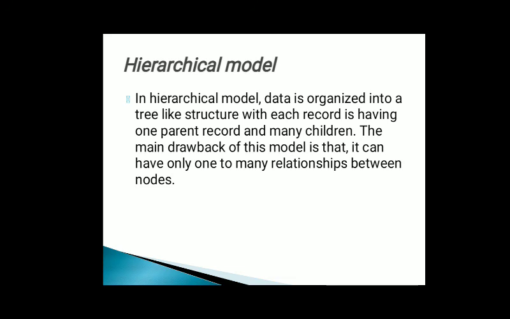But the main drawback of this model is that it can have only one-to-many relationship between the model. Right? Because there is only one parent and many children. So here one-to-many relationship, and that is one of the drawback of hierarchical model.